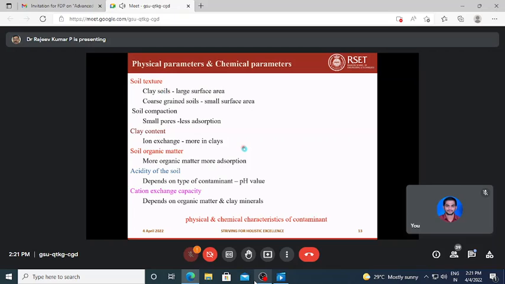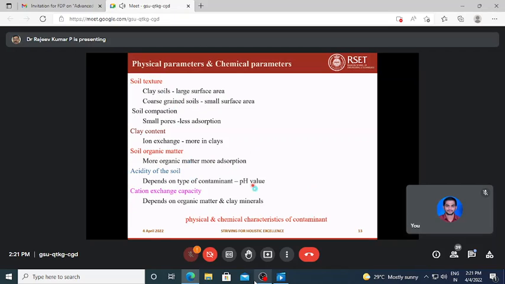The acidity of the soil media depends upon the pH value. Okay, and then as I mentioned, the cation exchange capacity again depends upon the organic matter and clay minerals present in the geo-environment. So all these parameters will directly affect the physical and chemical characteristics of the contaminant.